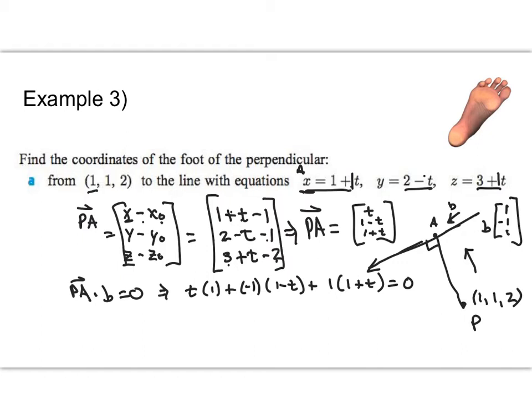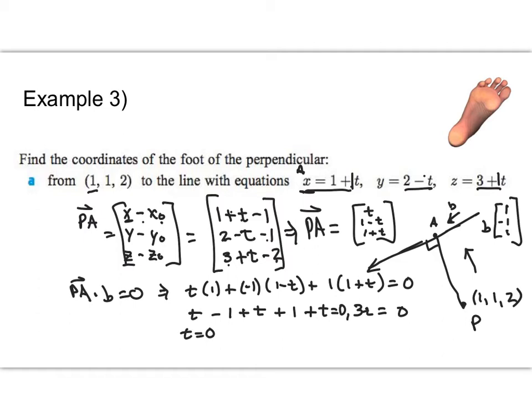So I get 1t minus 1 plus t plus 1 plus t equal to 0. Well, my 1's are going to cancel out, and I'm left with 3t equals 0. That means t is equal to 0.